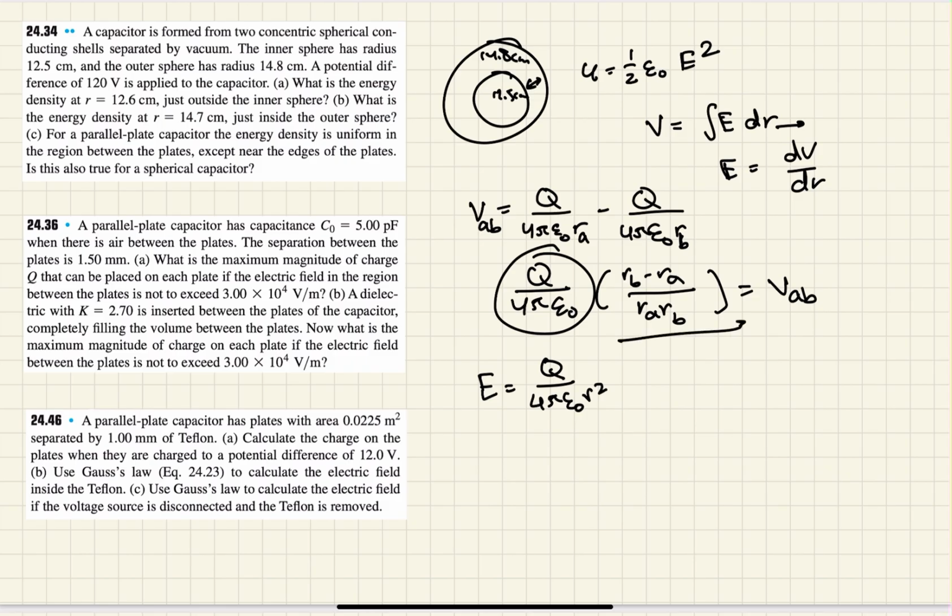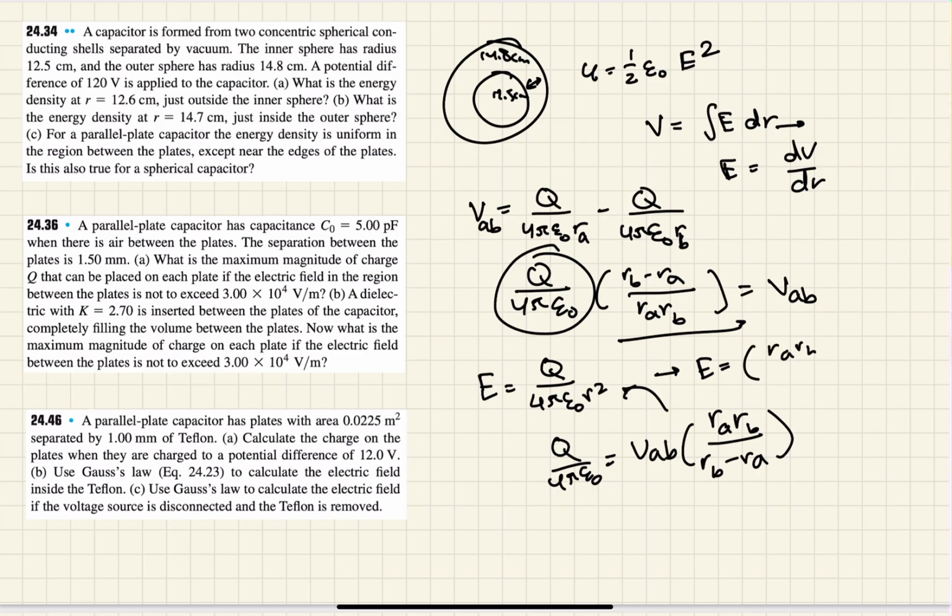That means Q over 4 pi epsilon naught is equal to VAB times the reciprocal of that, because we're moving it to the other side. And now you just plug it into this equation for electric field. We get electric field is equal to VAB, RARB over RB minus RA, times 1 over R squared, because that is still outside. All we substituted for was Q over 4 pi epsilon naught.